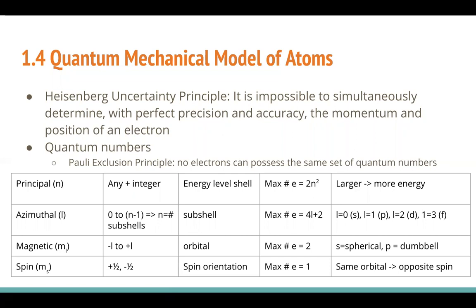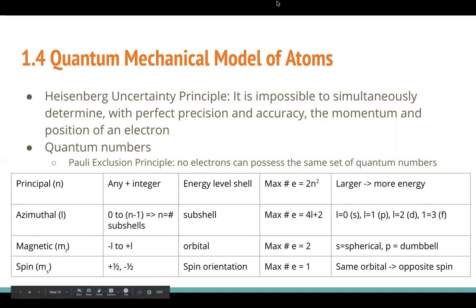And the p subshell has 3 orbitals, which is 3 places where electrons can exist. The last one is the spin quantum number, and this is the easiest. It's just plus 1/2 or minus 1/2. And 2 electrons in the same orbital have to have opposite spins.